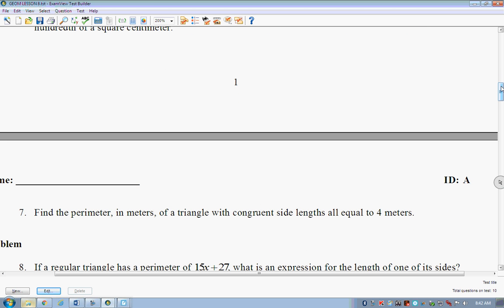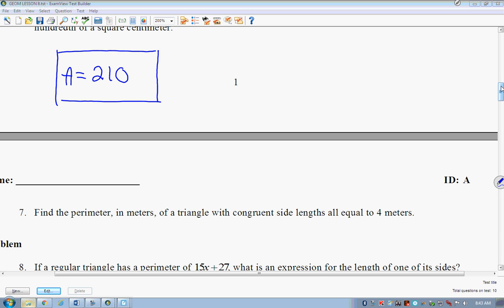Write out everything I know. What is the shape of the rink? It's a rectangle. What else do I know? I know the area. What is the area? 2,108.